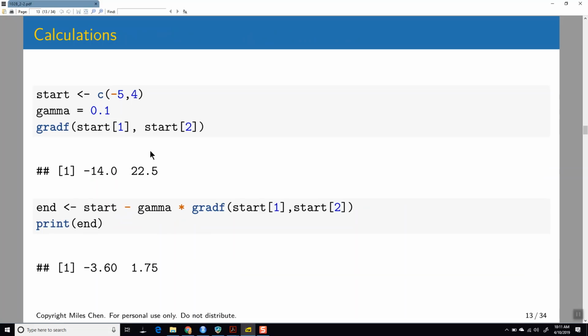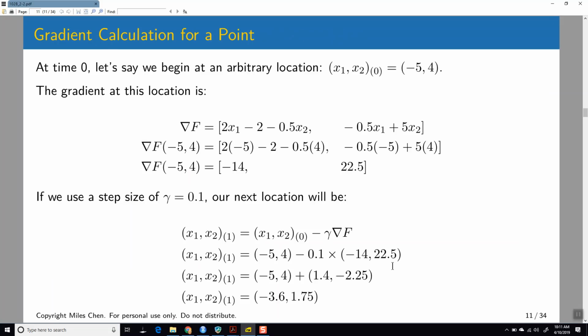All right, so if I plug this in, let's say I start off at -5 and 4, then I can say gamma is 0.1. The gradient is going to be, I plug in -5 and 4, and indeed I get -14 and 22.5, which is what we have here.